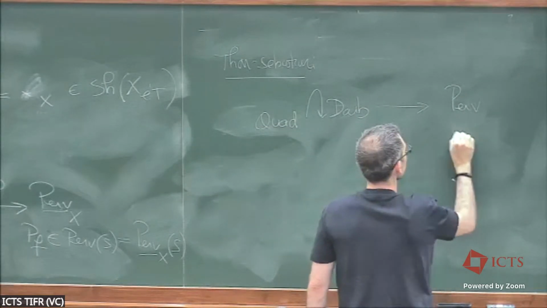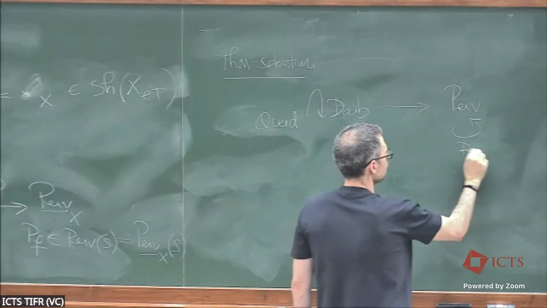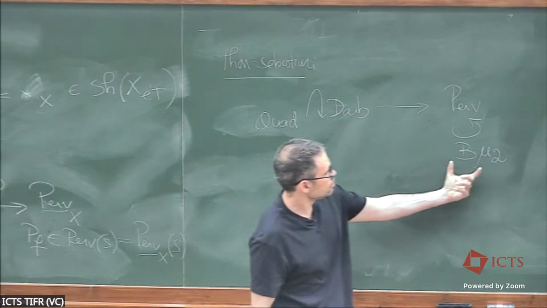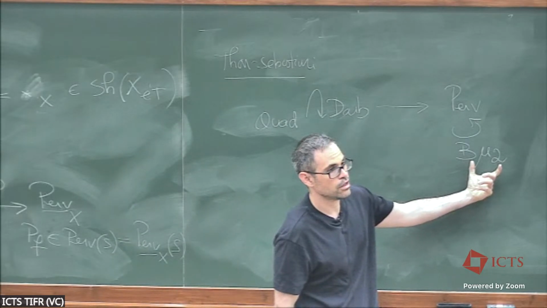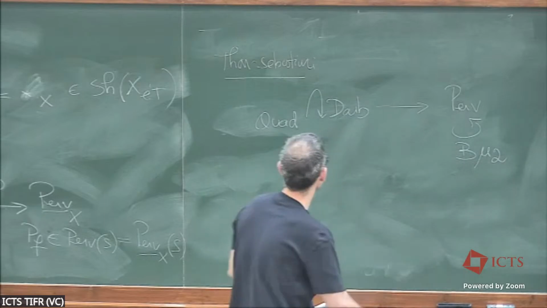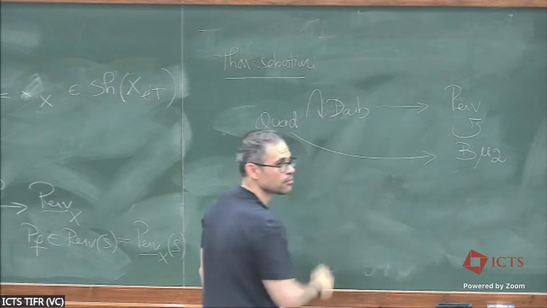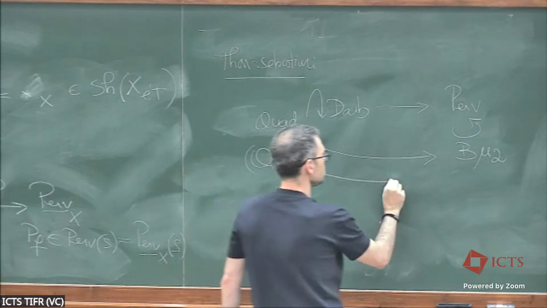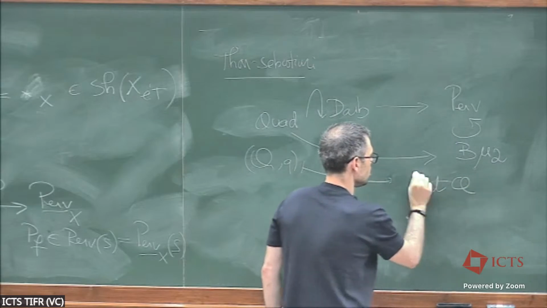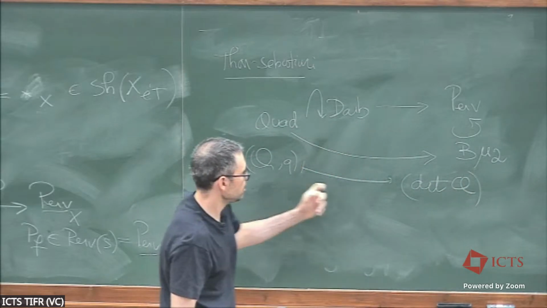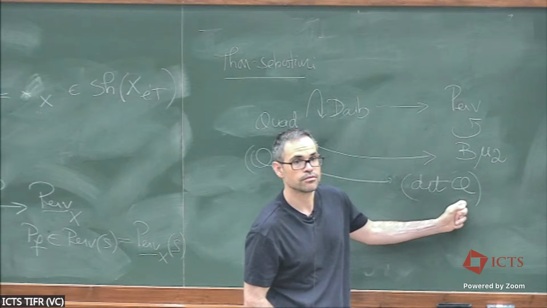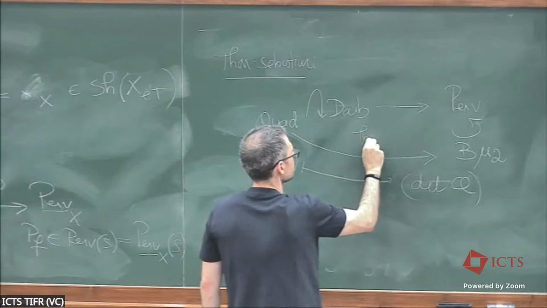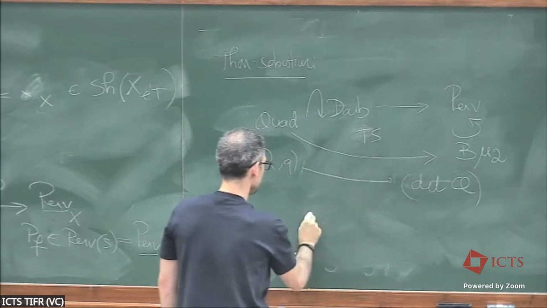Here I also have an action of something else, which is just the stack B mu2, classifying square roots of the structure sheaf. The way this goes is I have a map of monoid stacks giving me a quadratic bundle. I can take its determinant, and I know that if I take the determinant of a quadratic bundle, its square is the structure sheaf. So I have a monoid map, and the fact that this is equivariant is Thom–Sebastiani. So I can pass to the quotient.